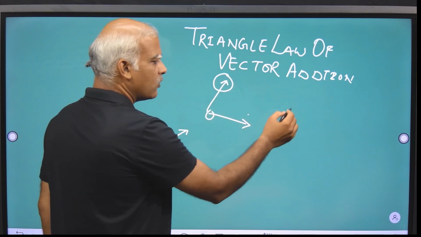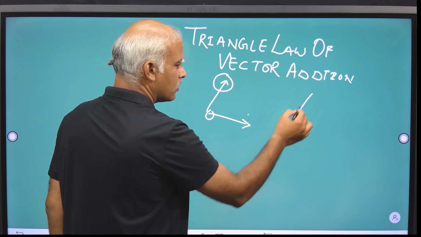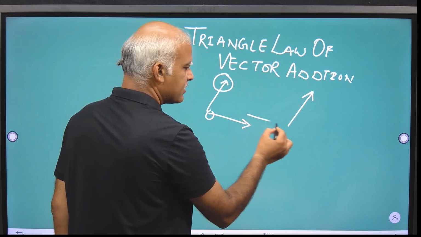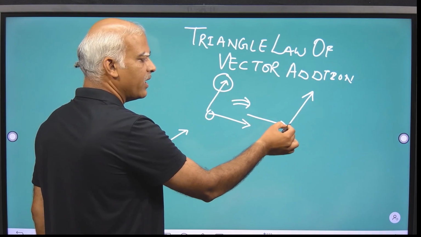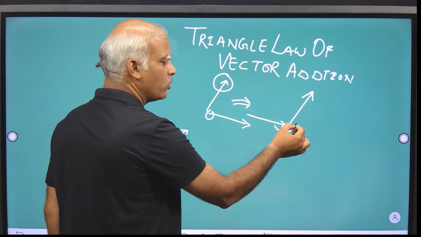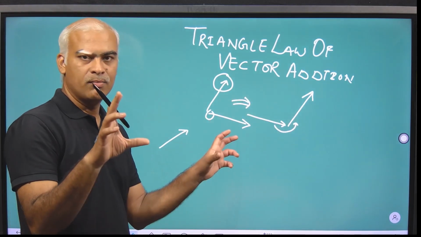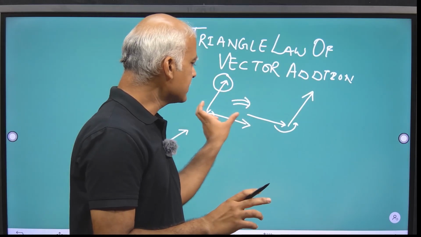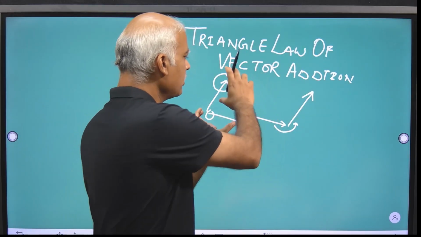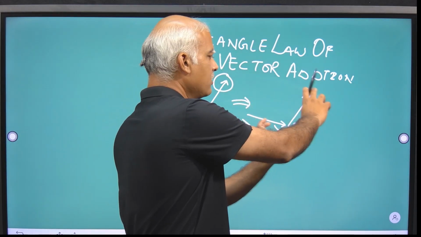Now first of all I need to do a head to tail arrangement. That means I will put my two vectors with the head of one and the tail of another, in a head to tail arrangement. Without rotating the vector, I'm taking the same direction and same magnitude. I'm just shifting it into its parallel space.